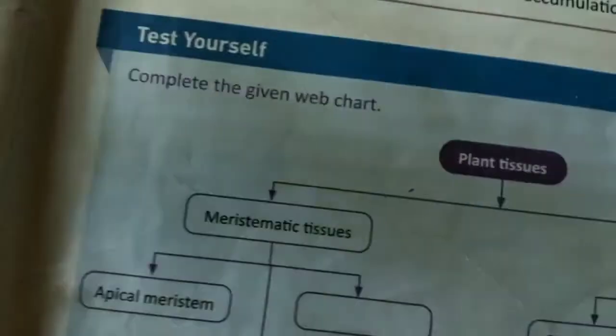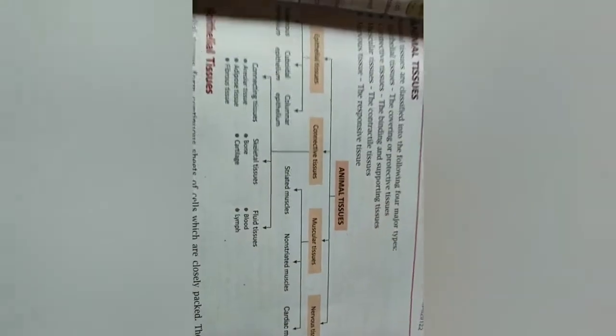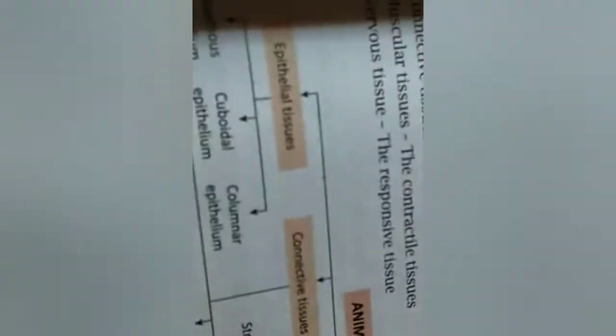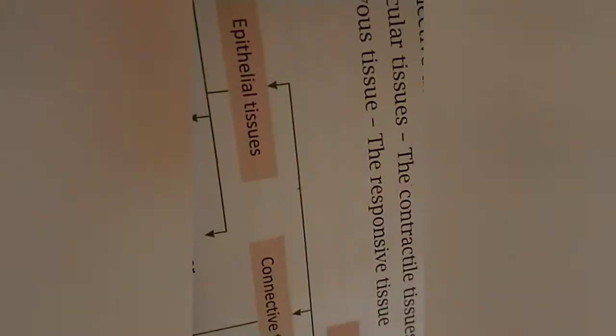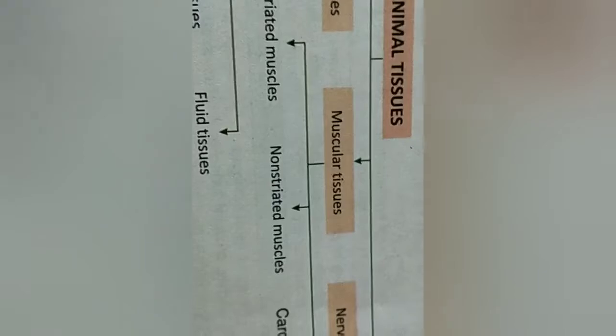So some activity is given. Then we'll test yourself. You need to learn about the animal tissues. These animal tissues are classified into 4 types depending upon their composition, means the type of the cells, the functions they perform, or the nature of the cells, and the intercellular material present in them. These are classified into 4 types: epithelial, connective, muscular and nervous tissue.